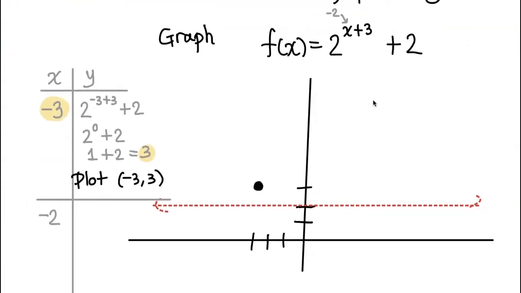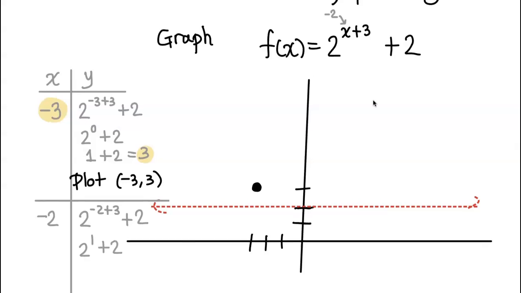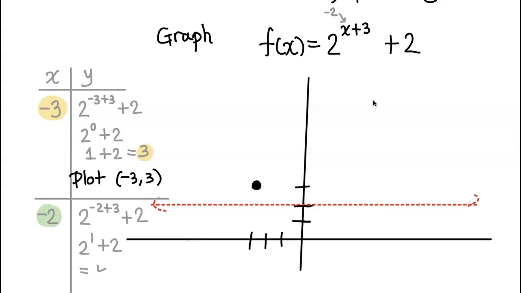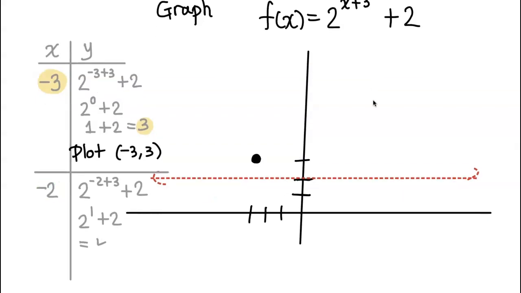So if I plug in negative 2, I will get 2 to the negative 2 plus 3 plus 2. And that turns into 2 to the first power plus 2. And 2 plus 2 is just 4. So when x value of negative 2 went in, the y value of positive 4 came out. So we will be plotting the point negative 2, 4. So go 2 to the left, up 4, 1, 2, 3, 4.